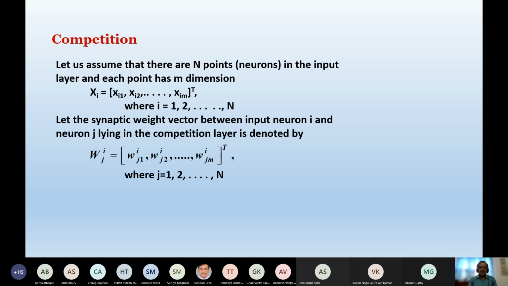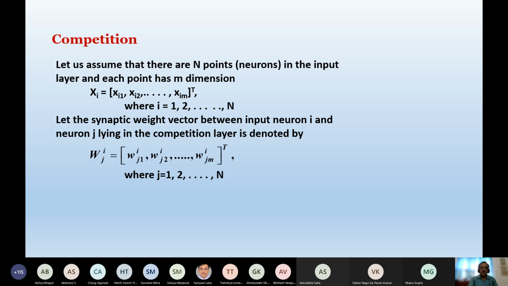Now I'm discussing the principle of competition. We have the data xi, where i varies from 1 to capital N, and each data has small m dimensions, that is xi1, xi2, up to xim.